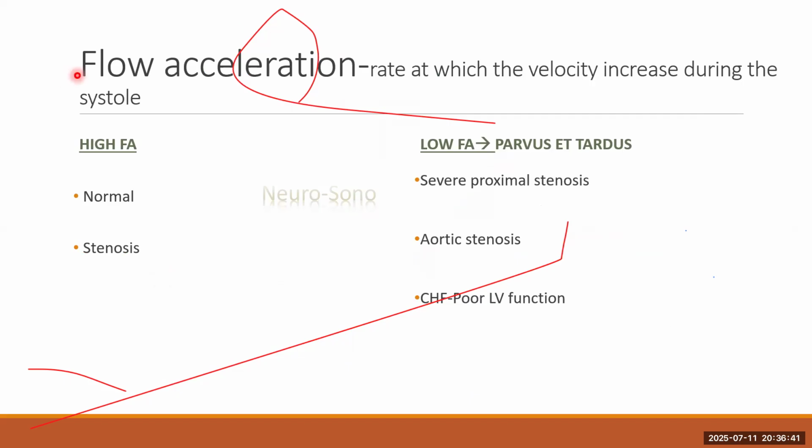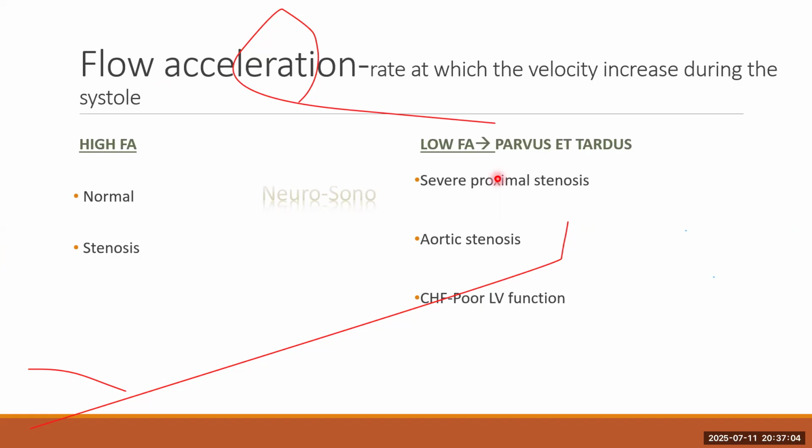Once we know about the velocities, we need to know what flow acceleration is. Flow acceleration is the rate at which the velocities increase during the systole, or the rate at which the peak velocity is reached. High flow acceleration is normal. That is what is called a rapid upstroke. High flow acceleration is also seen in stenosis, because between 60 to 80% there are increased velocities and the rapid upstroke is maintained.